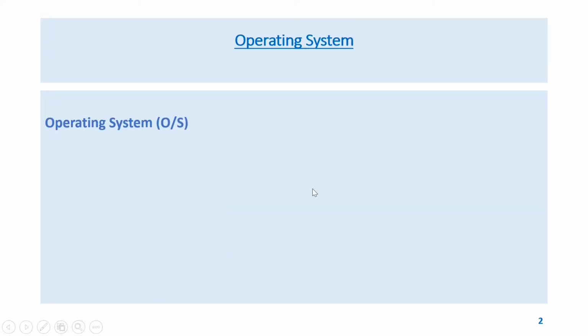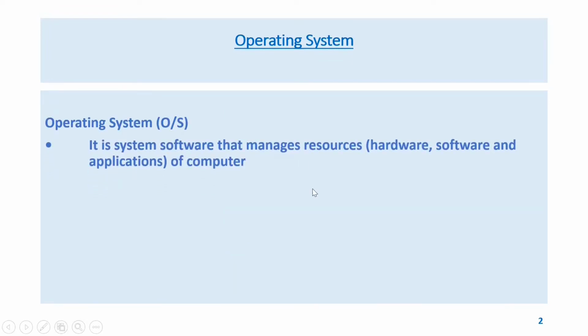Now let us see some features of the operating system. Operating system is a system software that manages the resources. The resources may be hardware, software and applications of the computer. Whatever the resources may be, the operating system manages those resources.